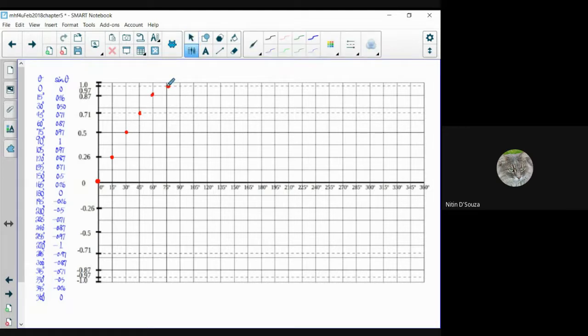And 90 is 1. If you know all of those points, it becomes a lot easier for you to graph. The key ones are 0, 1, 0, -1, 0, or what happens in between, that shows you the curvature. And then from there, you just go backwards.